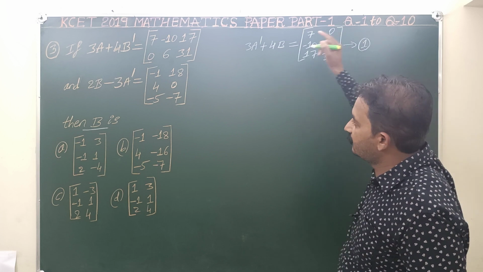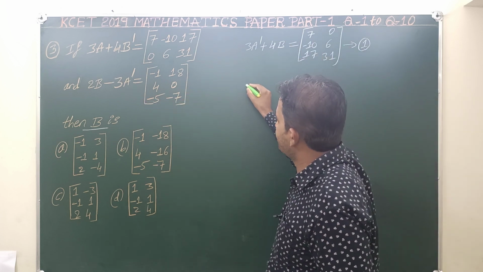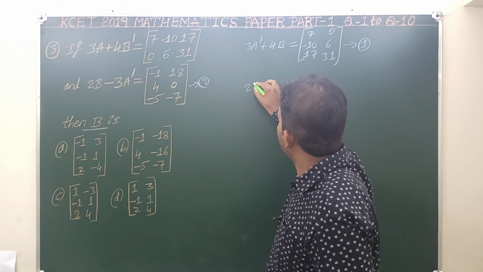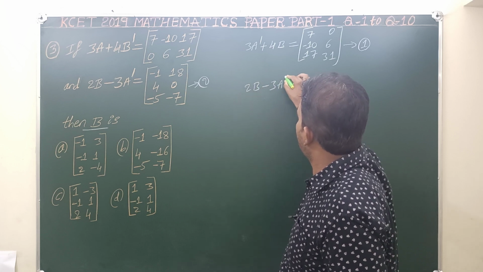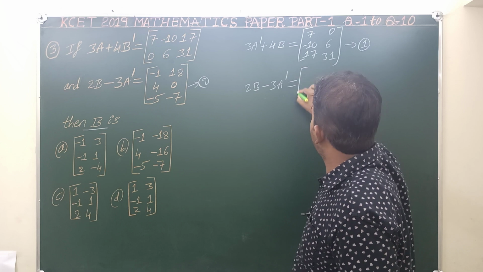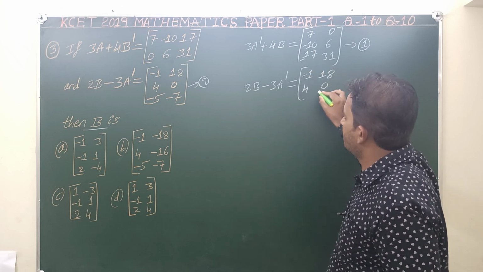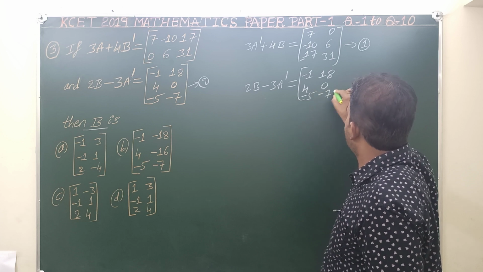Add equation 1 with equation 2. So 2B minus 3A dash equals minus 1, 18, 4, 0, minus 5, minus 7.